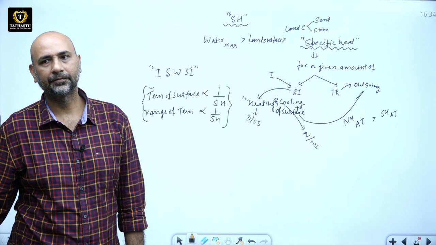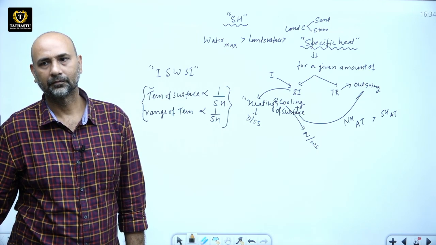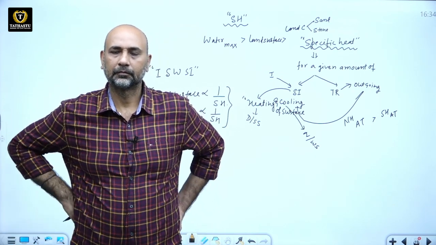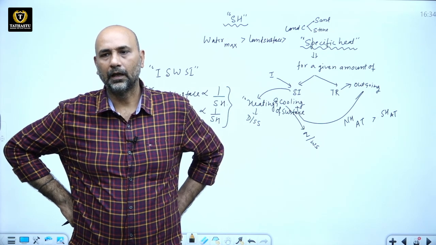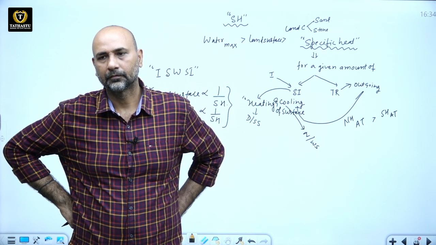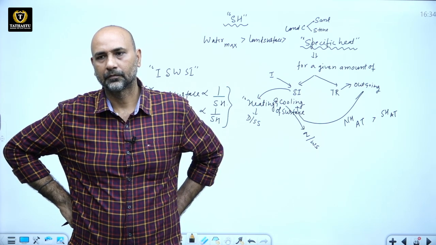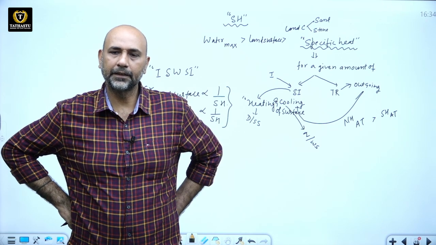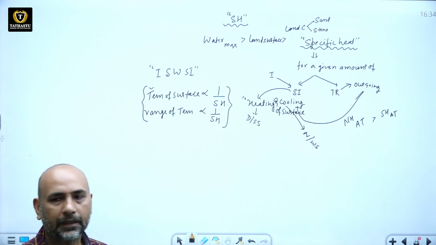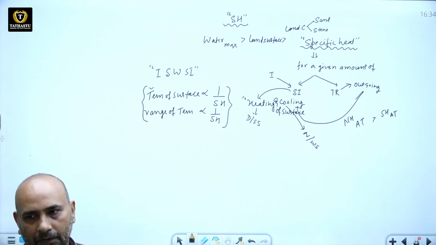Next point. In the summer season, at a given latitude, continental surface is hotter than oceanic surface.